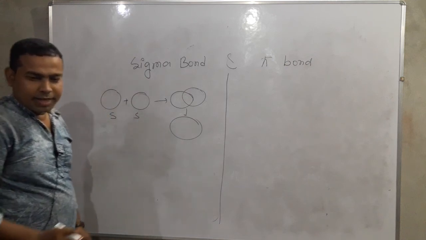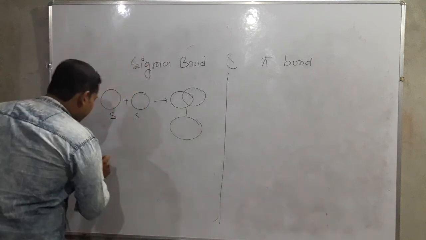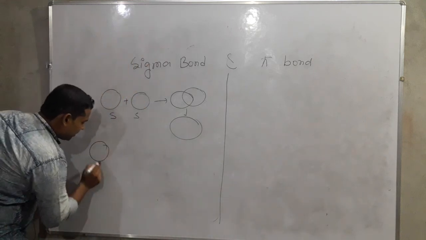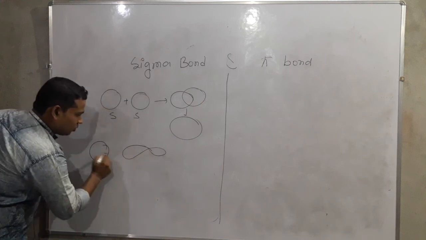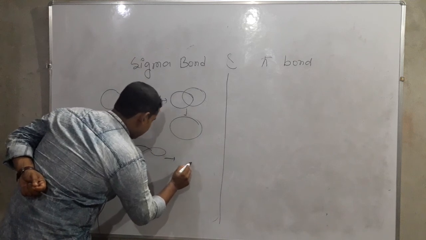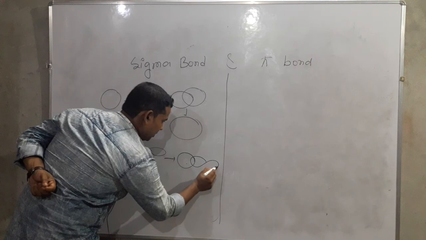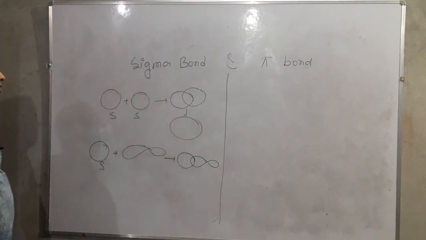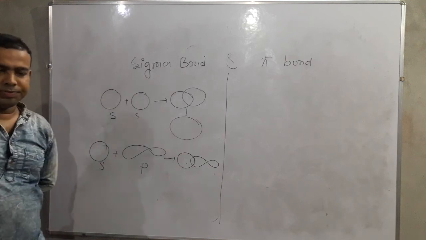Then s and p orbital overlap, that is this one is s, this one is p. So both portions overlap each other and form a diagram like this, that is the sigma bond. So this is the p portion, this is the s portion. Clear, people?